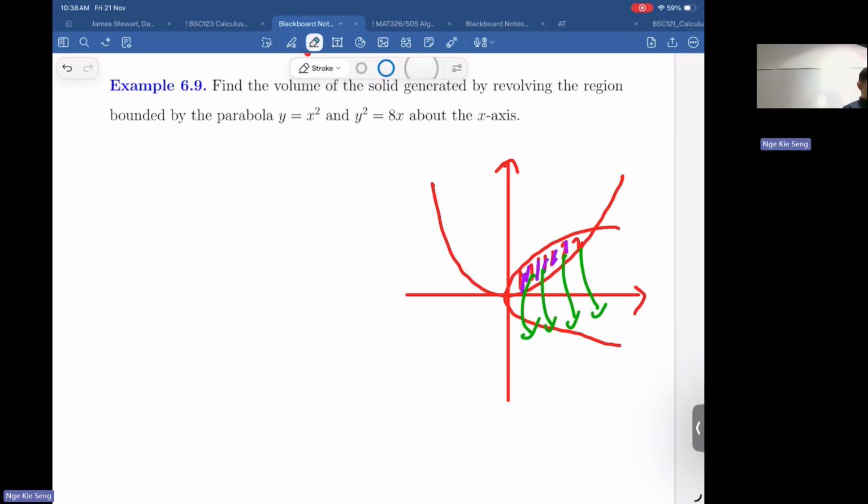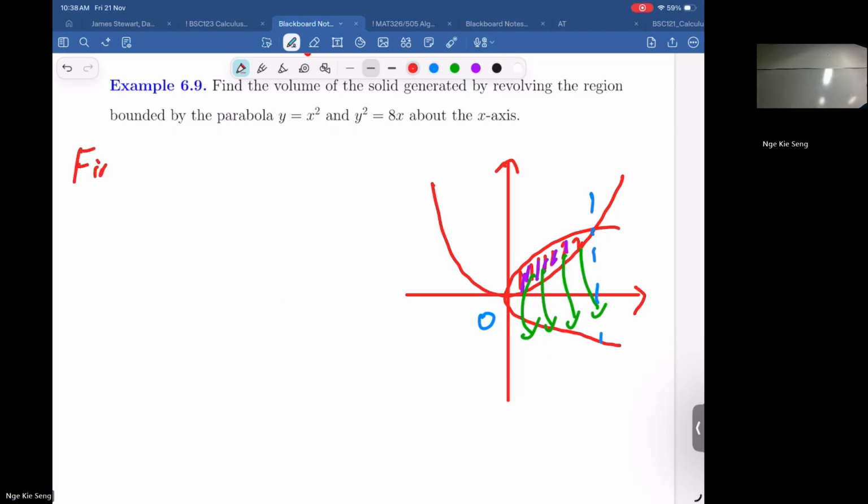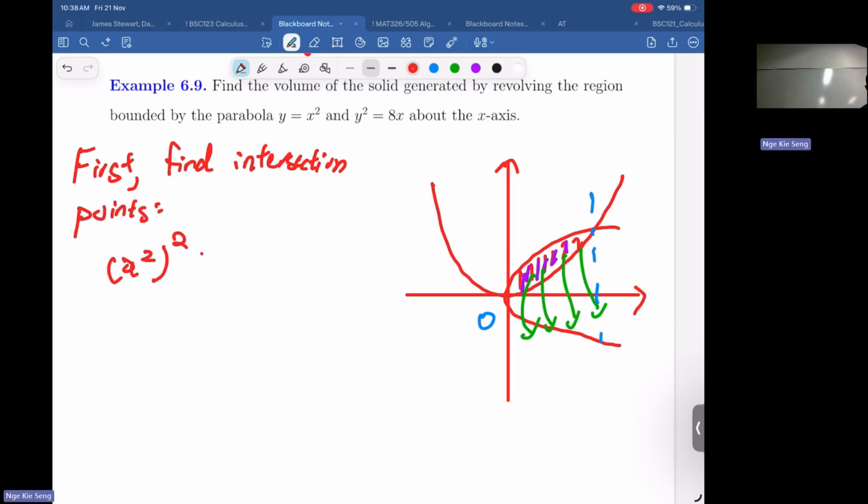First of all, we definitely need to find the intersection points. One of them is 0, very obvious, but how to find the other? I substitute y equals x squared into y squared equals 8x, and then we get x to the 4 minus 8x equals 0.